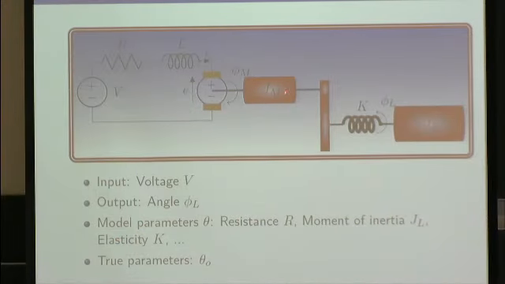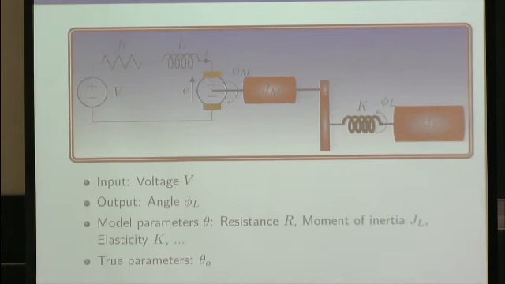Here is the moment of inertia of the shaft. We have a gearbox, and here is the load that is attached to the motor. The shaft has some elasticity, and we have a moment of inertia here. The objective now is to control the input voltage such that we position the angle accurately.